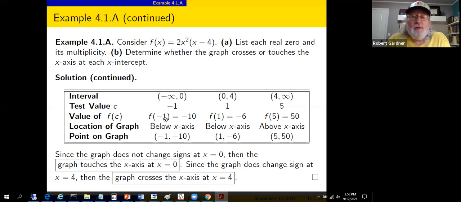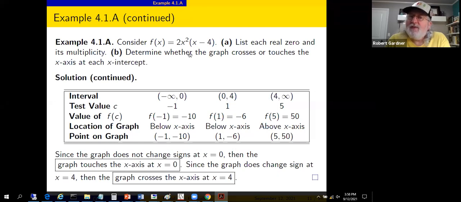We'll plug -1 into the function, calculating f of -1. Call the test value c. We're computing f of c in this row in the table. If I plug -1 in, we'll get a -1 there. That'll be 2 times 1 times, let's see, -1 minus 1 would be -5 times 2 would produce a -10.